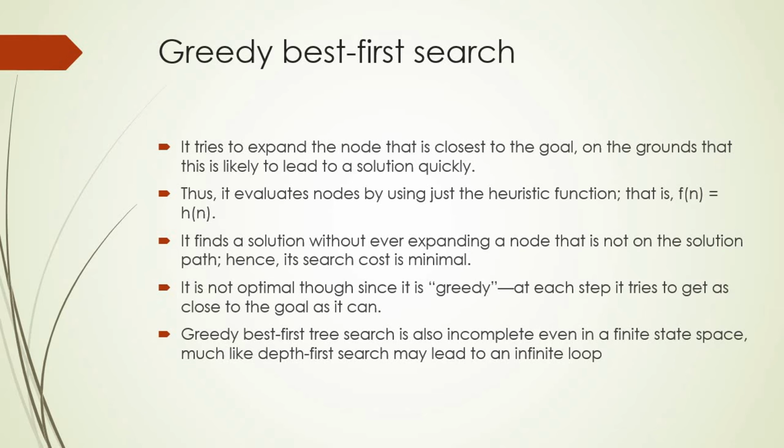The greedy best first tree search is also incomplete, even in a finite state space, much like a depth first search may lead to an infinite loop. The way it expands, it might reach a dead end after disregarding other nodes.